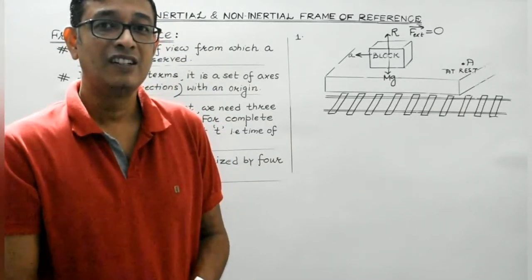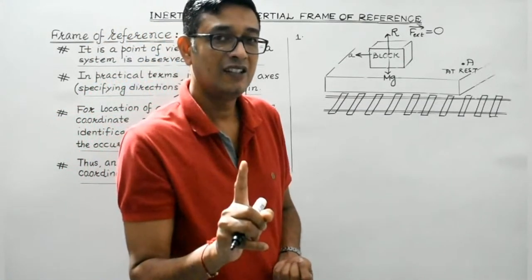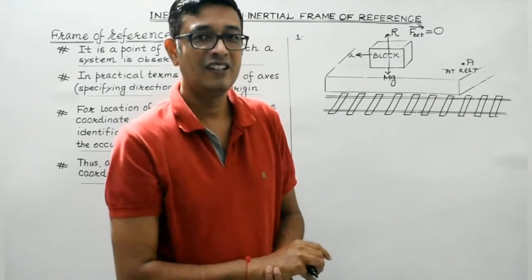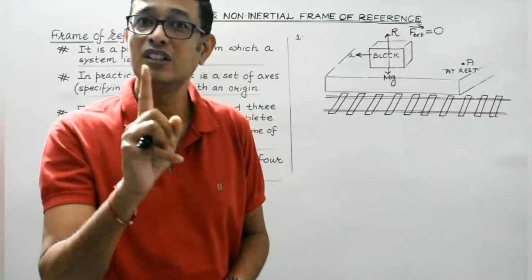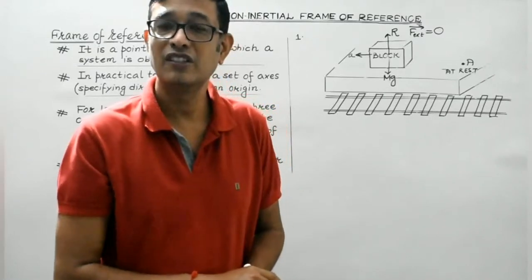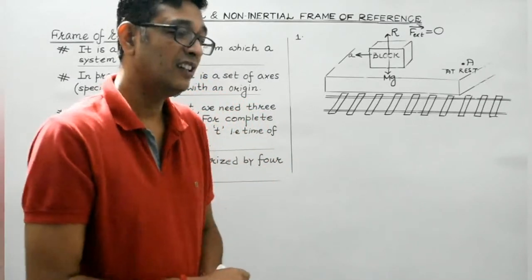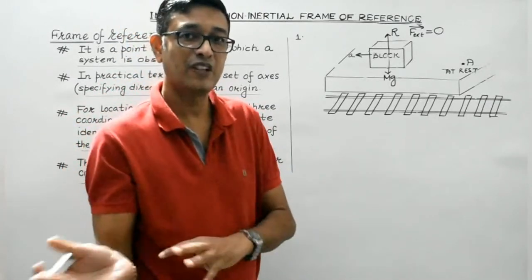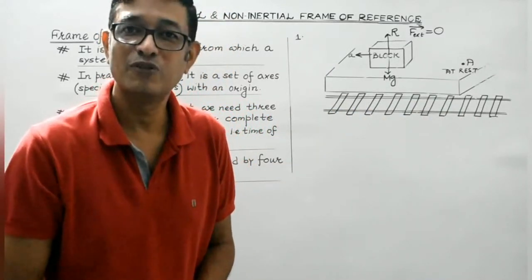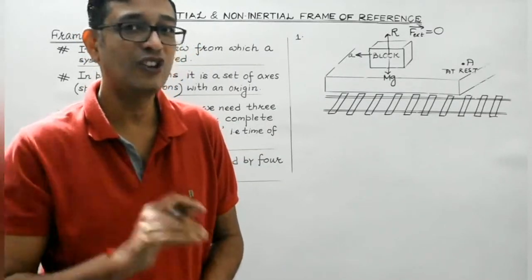So students, frame of reference A and frame of reference B, which were either at rest or in uniform motion, were the frames of reference where Newton's first law is valid. And these frames of reference are known as inertial frames of reference. While on the other hand, in the case of C, which is an accelerating frame of reference, Newton's first law of motion is found to be not valid at all.